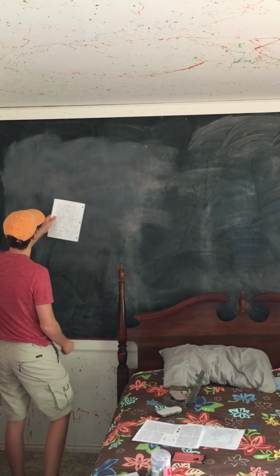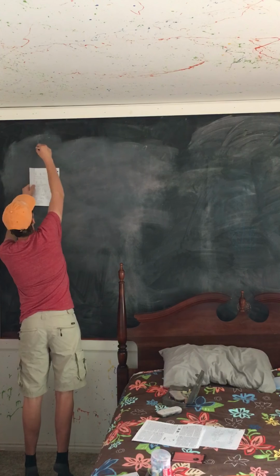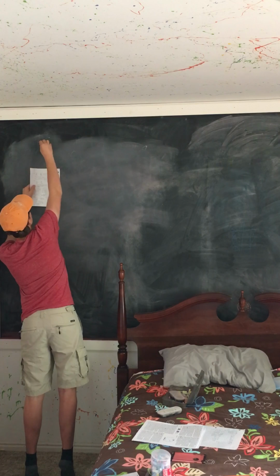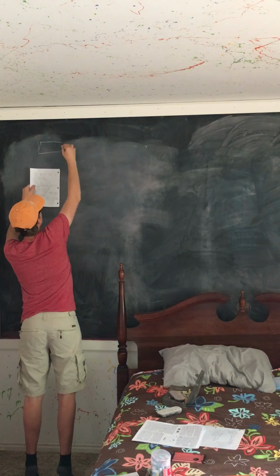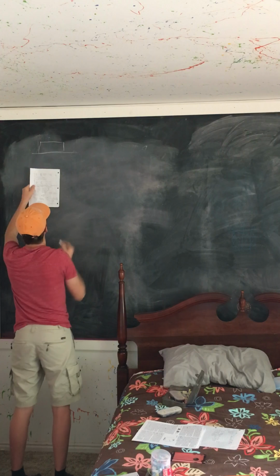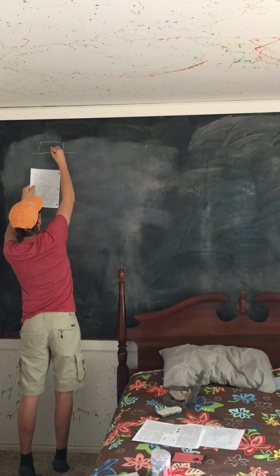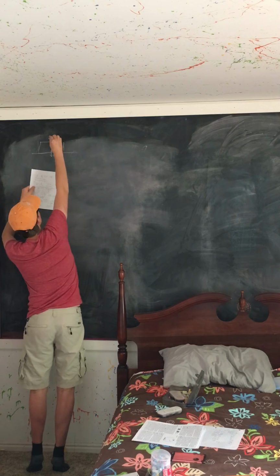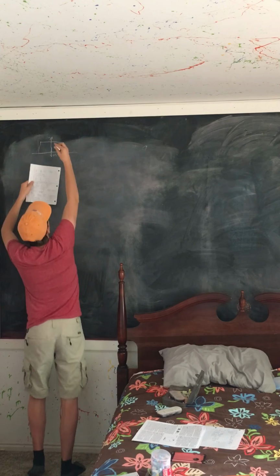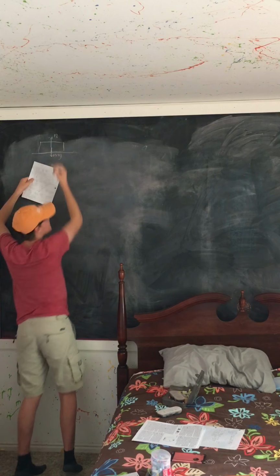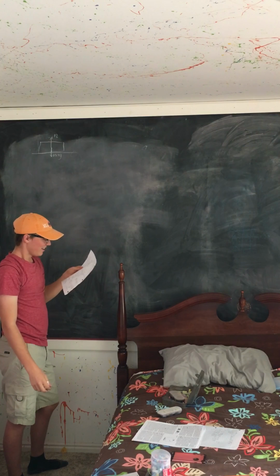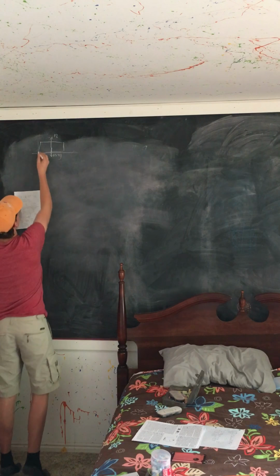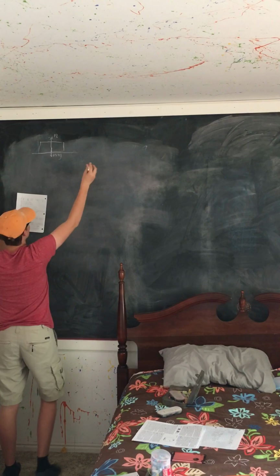So first, we'll set up a free body diagram of what we're trying to solve. There's our box. It has an mg and a normal force upward. Then it has friction, and we're saying this is the positive way that's pulling.